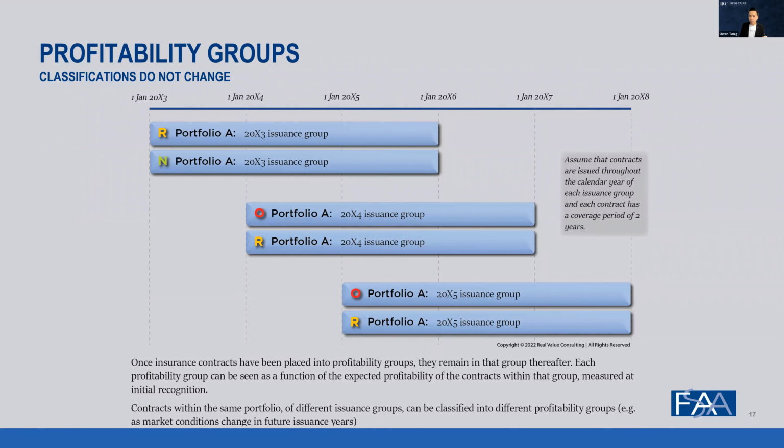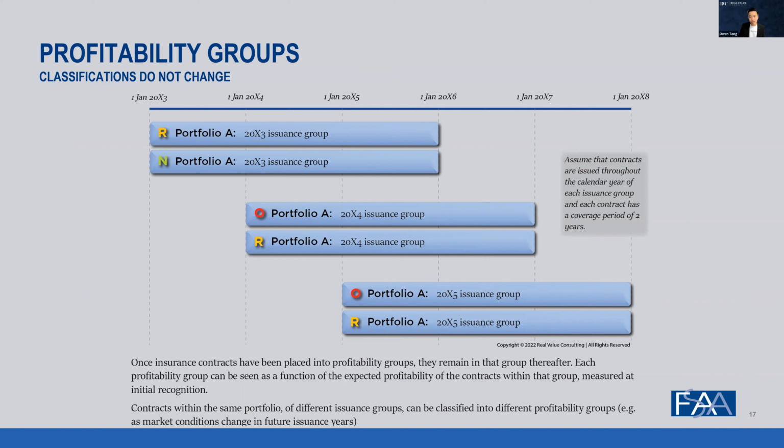So for the same product in one year, you could say these contracts are in the remaining contracts bucket, but next year, the economic circumstances might be more favorable or less favorable. For example, COVID might have hit, but you've already sold the policies, or you're expecting to sell the policies but on the original terms. So you may say, for this year, the policies are actually onerous. We're expecting them to be onerous because the economic circumstances have changed.